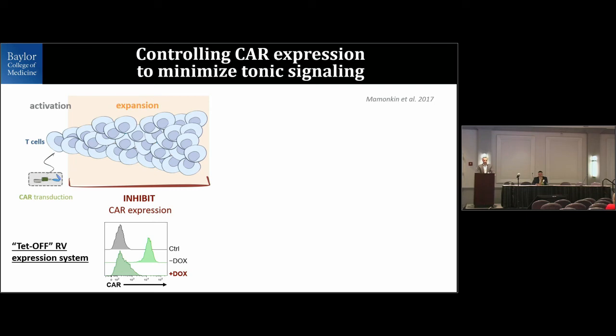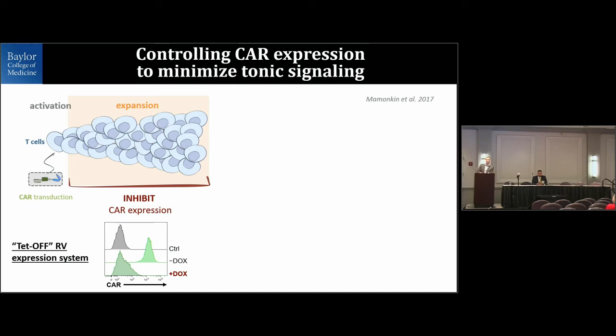And so before I close, I wanted to briefly introduce another alternative approach to attenuate tonic signaling. Instead of permanently decreasing the expression level through different promoters, one can reversibly inhibit CAR expression during the expansion in vivo. For example, we can use a Tet-off system, as shown here.